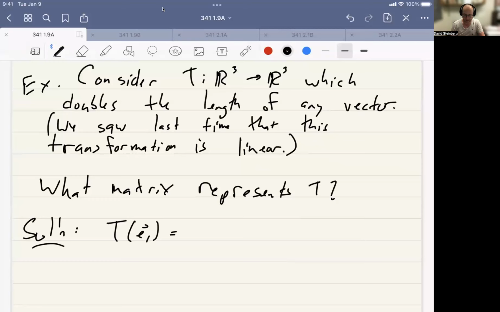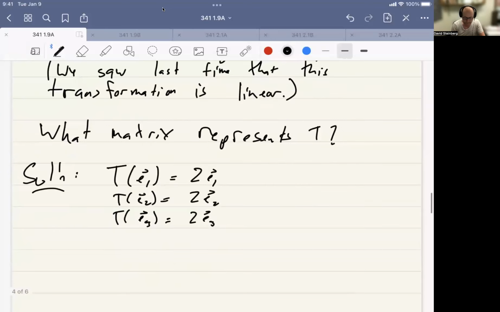So we know E1 goes to twice E1. We know E2 goes to twice E2. We know E3 goes to twice E3. So we know what A is. A is just the matrix whose columns are twice E1, twice E2, twice E3.